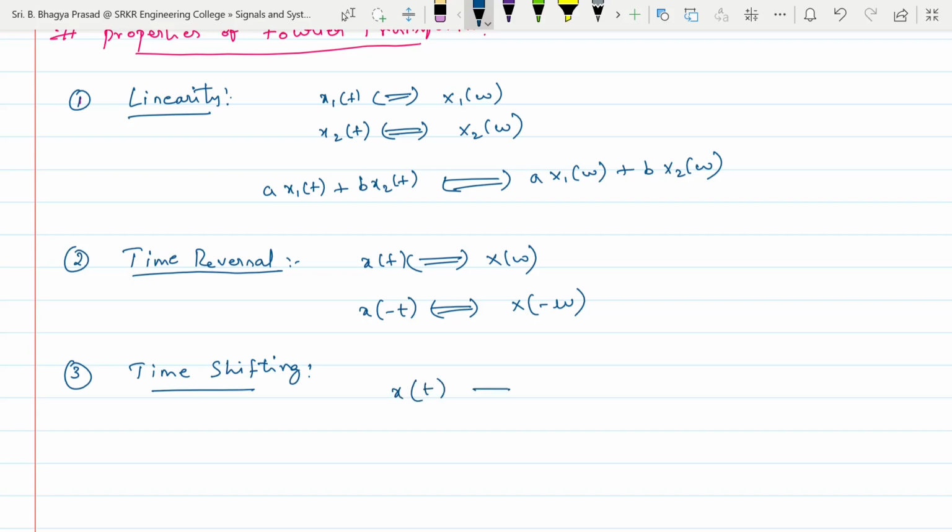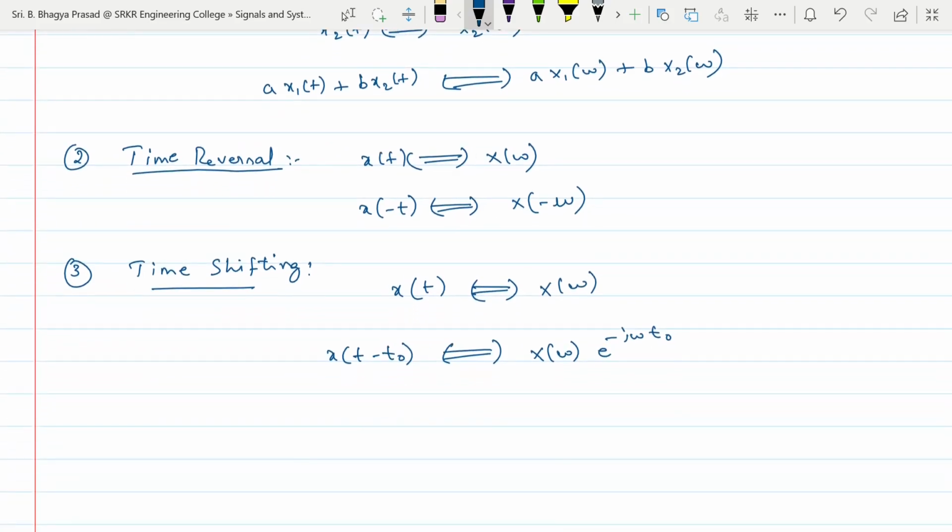x of t has Fourier transform X of omega; while representing any property, initially we have to represent it like this, as a pair. We take x of t and shift it. If we shift the signal as x of t minus t naught, the Fourier transform of such a signal will be X of omega into e power minus j omega t naught.